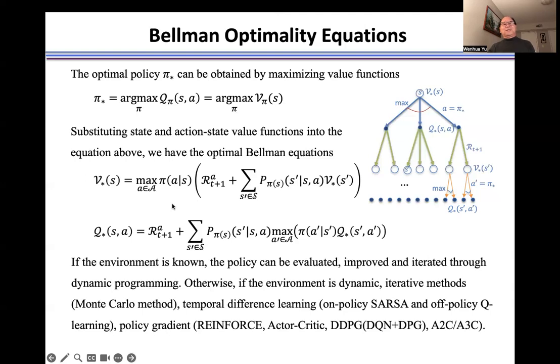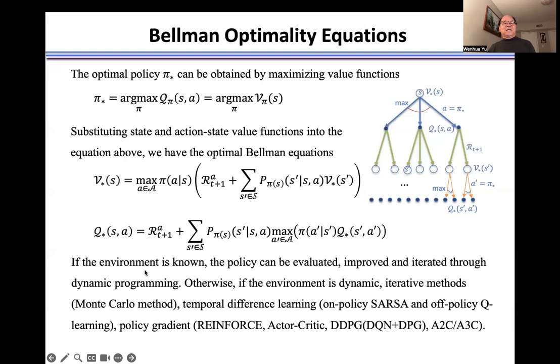These two equations are just a relationship between the value functions and the optimal policy pi, and this gives us another pair of Bellman equations. If the environment is known, we can use a regular policy improvement method to get the optimal policy step by step.